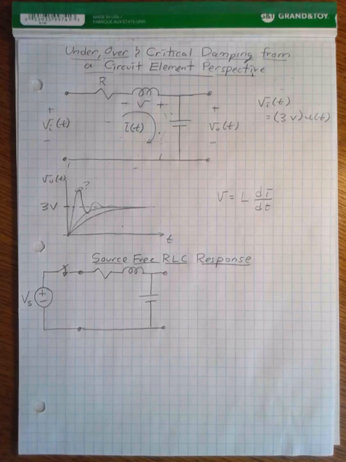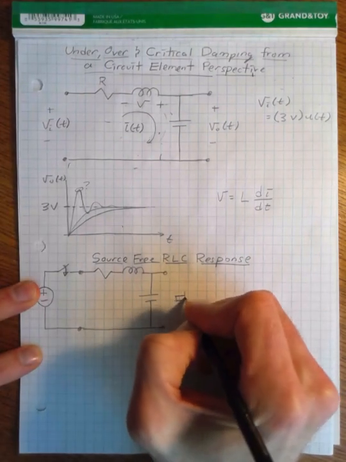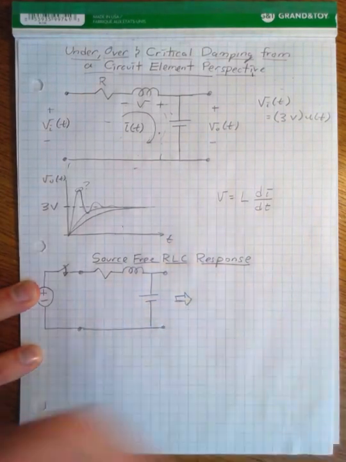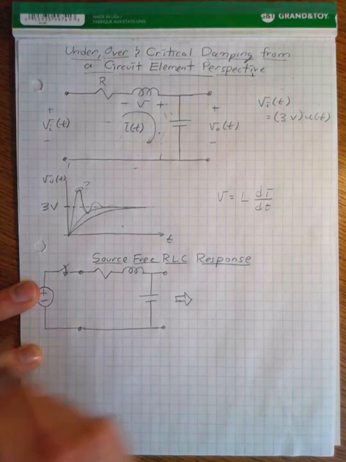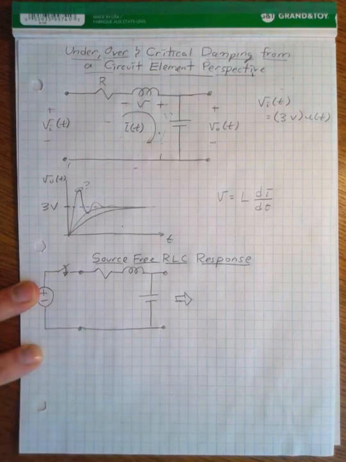Well, we know that, under DC conditions, the ideal inductor behaves basically like a short circuit, and the ideal capacitor behaves as an open circuit. So I want to take this circuit and replace the inductor and capacitor with a short circuit and an open circuit, which is how they would behave once all of the transients have settled out and we're at steady state.